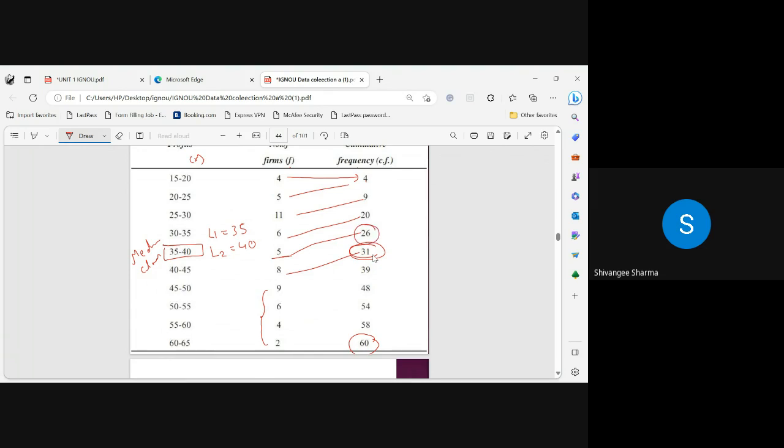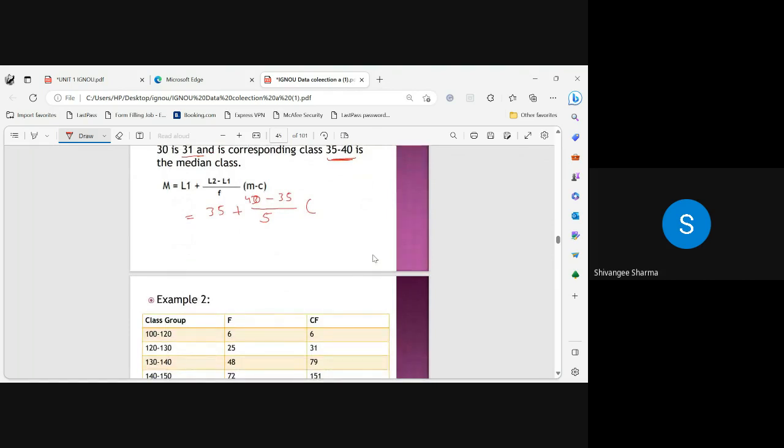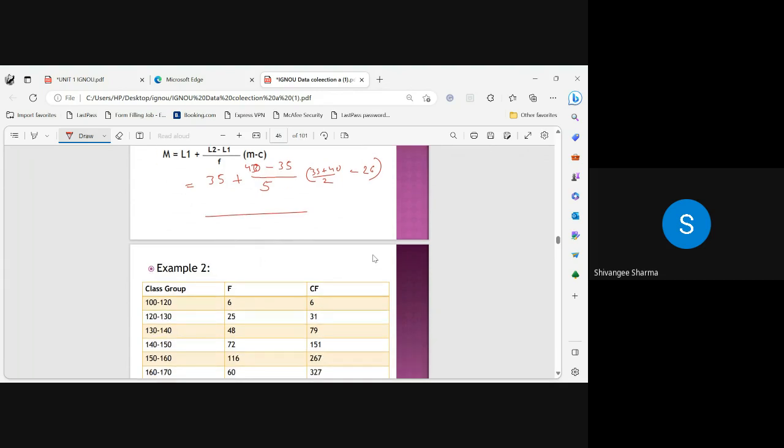The CF will be 26. So with this, you can calculate the median for the continuous series.